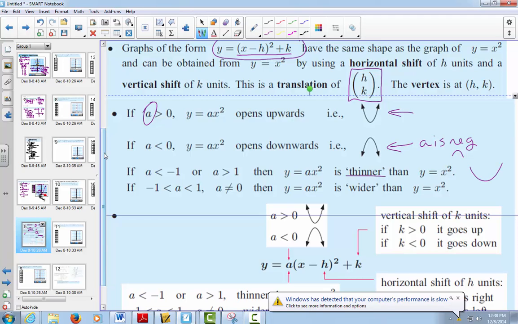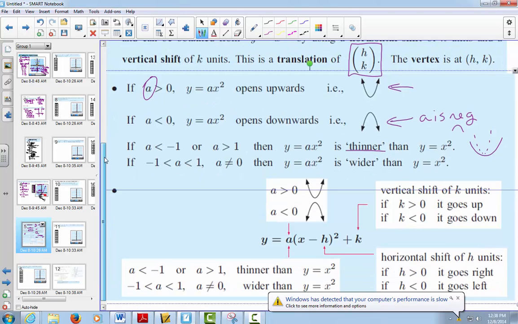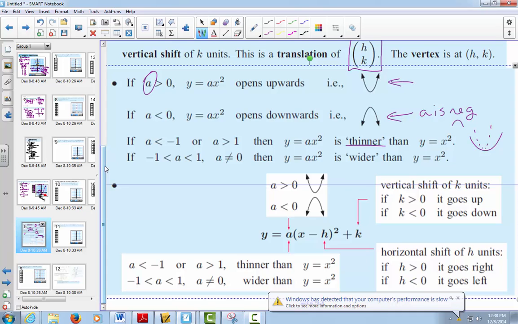So we go from a wide one, our original y equals x squared, and our new one will be in there. And then the same goes with between -1 and 1, it'll be wider. And as we go through, some of this stuff will make more sense. Vertical shift k units.